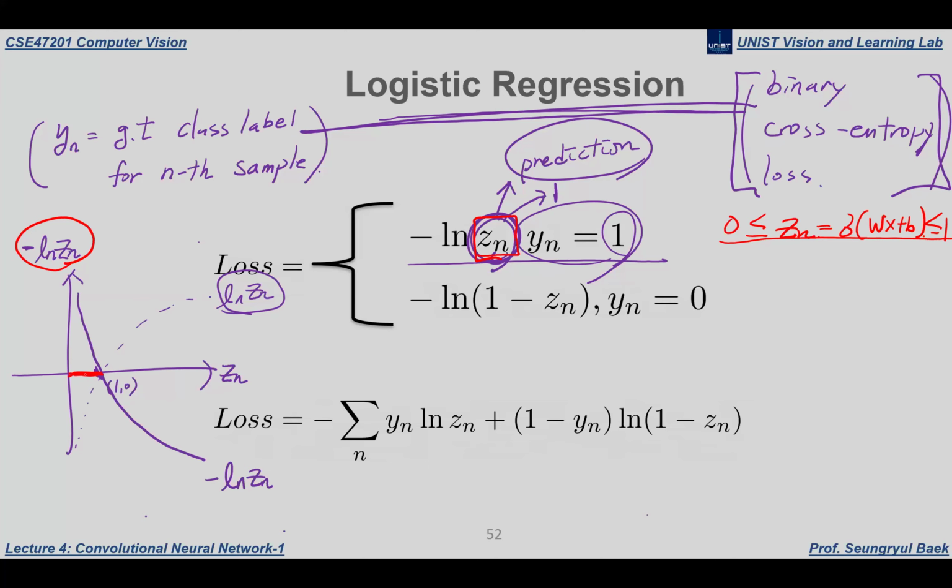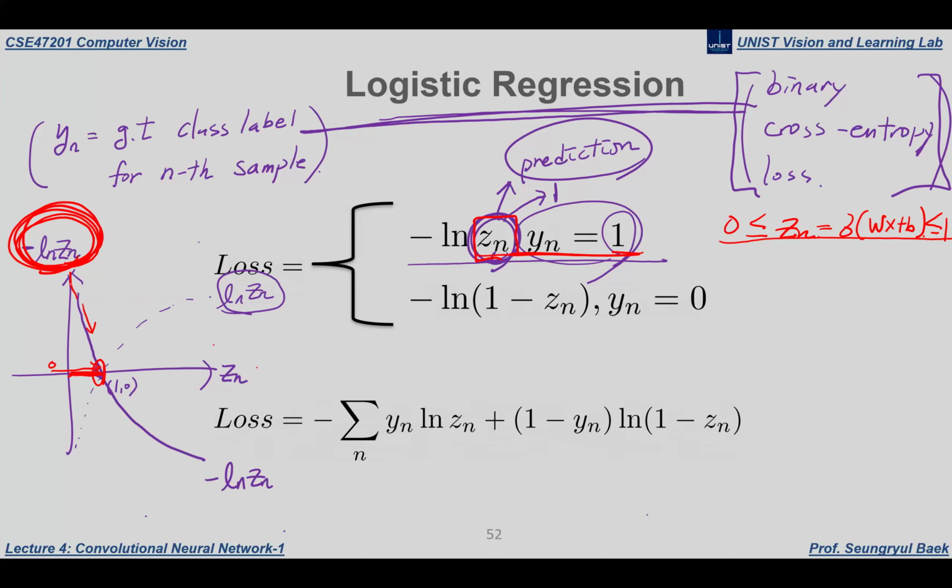And in this range, you want to minimize the loss, which is the distance between prediction and ground truth. We always want to minimize the loss. For this Gn, whose label is 1, we want to minimize this, and the minimum is happening here, where y, minus ln Gn, is 0.